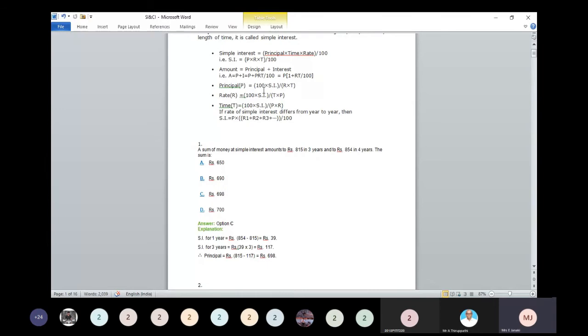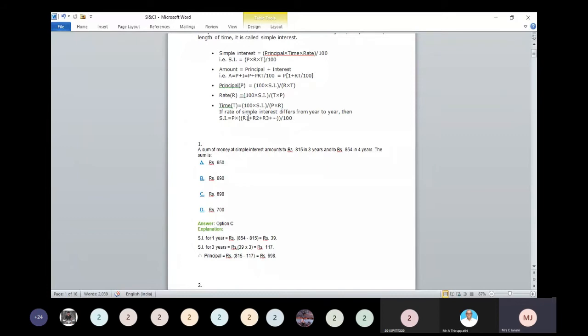Suppose the rate of interest differs from year to year. The formula is simple interest is equal to P into R1 plus R2 plus R3 plus etc., divided by 100.